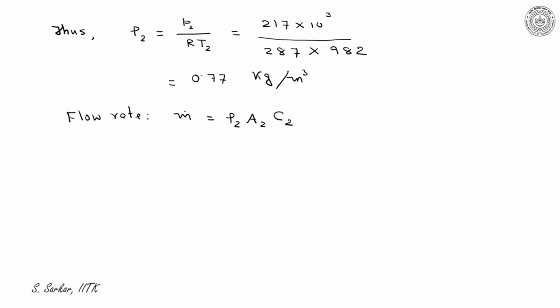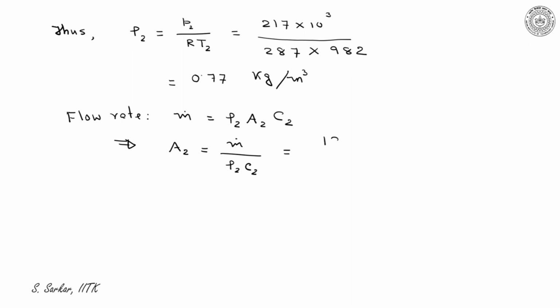Thus from here I can say A2 equal to M dot divided by rho 2 into C2.